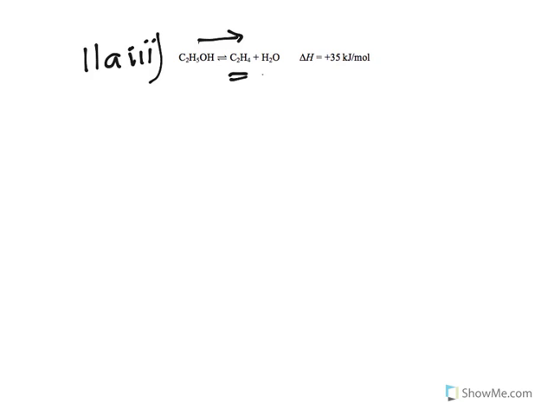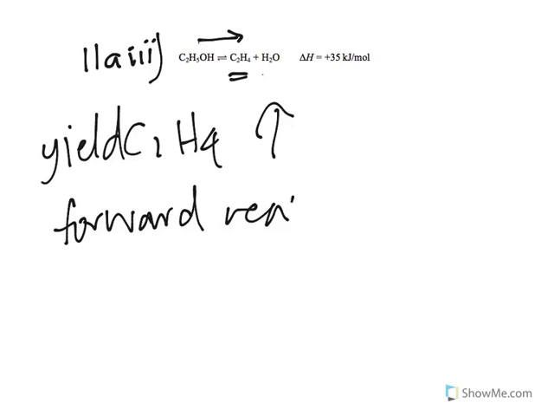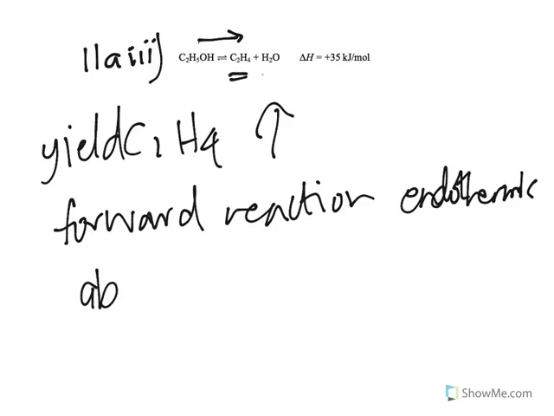So if I increase temperature, the yield of C2H4 will increase. And the reason for this is the forward reaction is endothermic, and so it'll absorb the increased temperature.